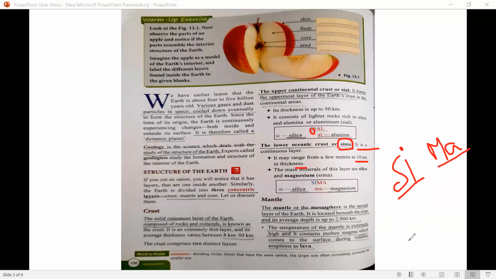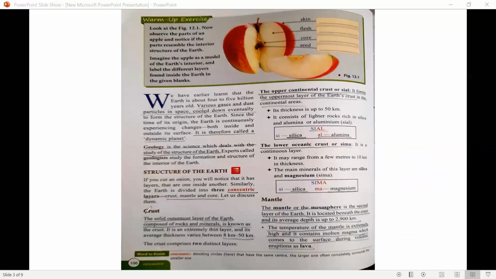If we make a word from silica and magnesium, in science you might have studied magnesium's symbol, which is Mg. That could not be read very efficiently, which is why we have given the name SIMA, to make it easy to speak and to learn also.